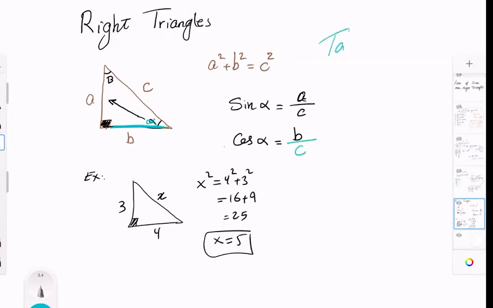And tangent of alpha will be opposite over adjacent, A over B. We usually memorize sine and cosine because tangent, cotangent, secant, and cosecant come from sine and cosine.